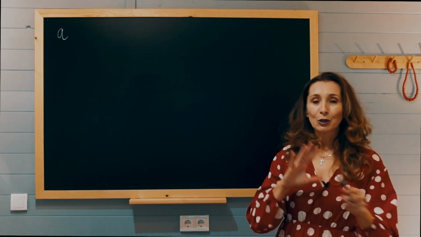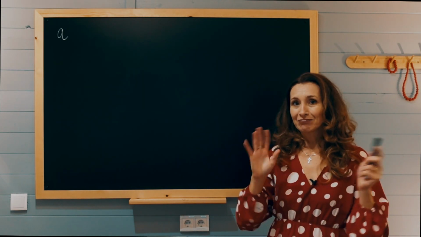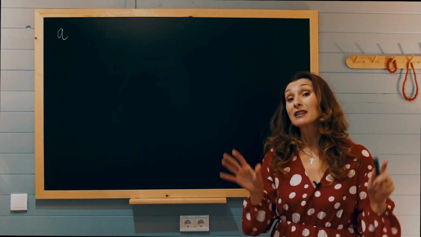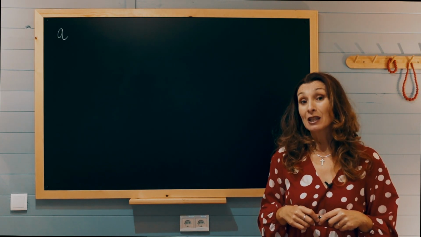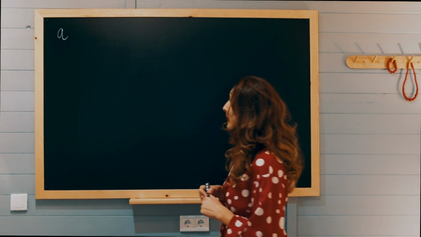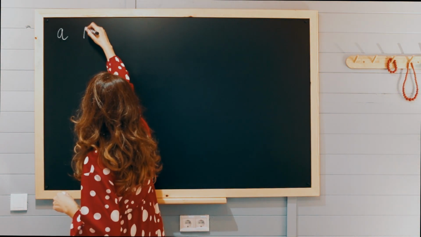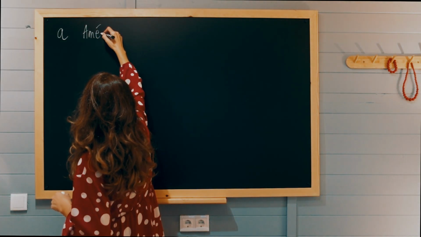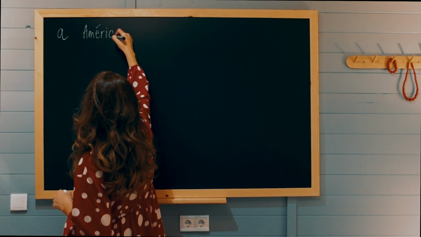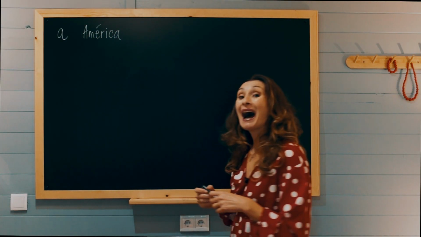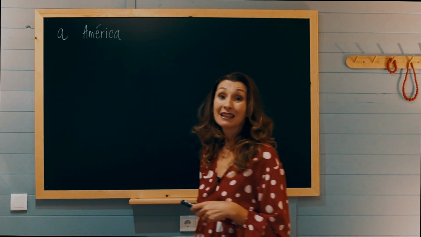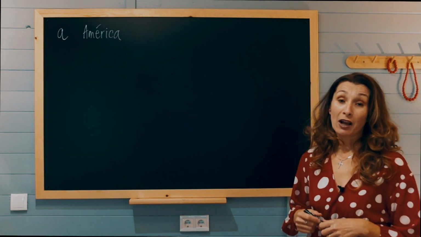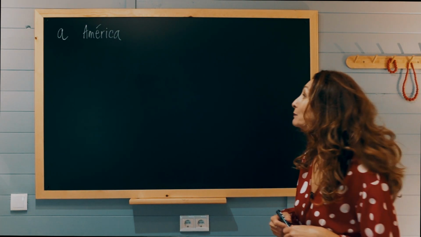I know in English you can pronounce this letter in, I think, 6 or 7 different ways, not in Spanish. A is always pronounced A, okay? As in, I don't know, America, okay? America. Both this and this A are pronounced A, okay?